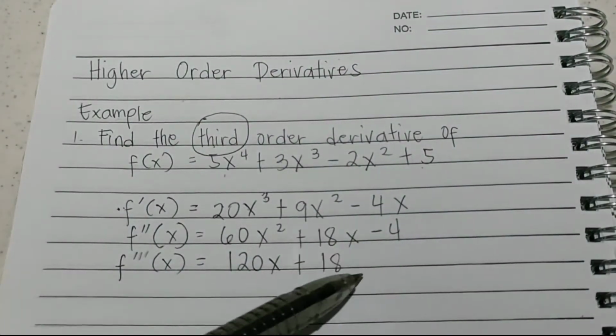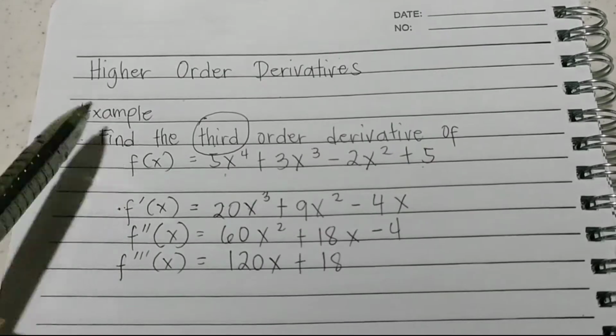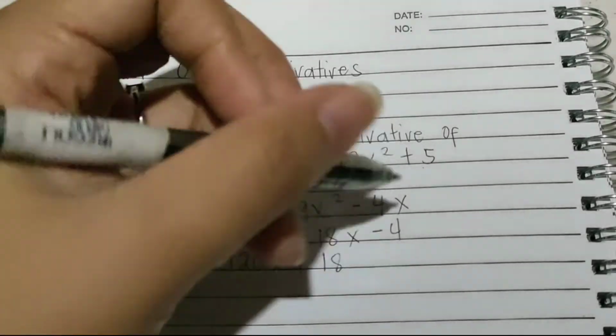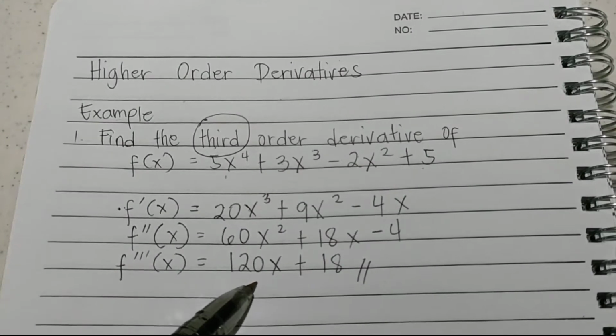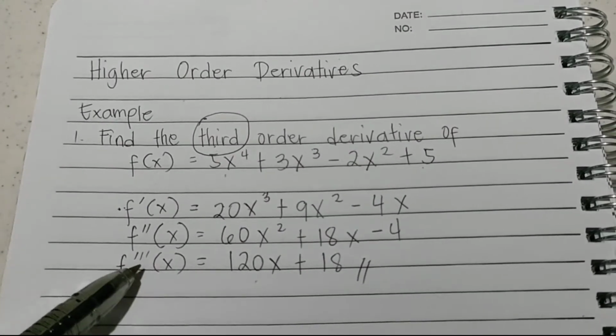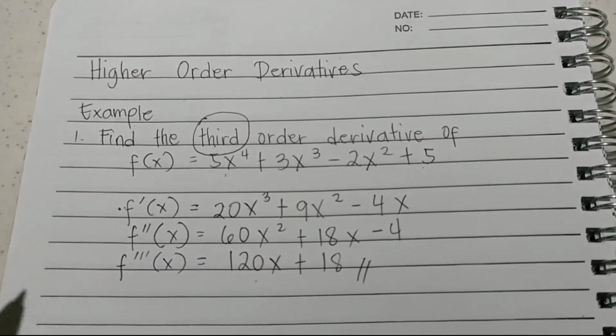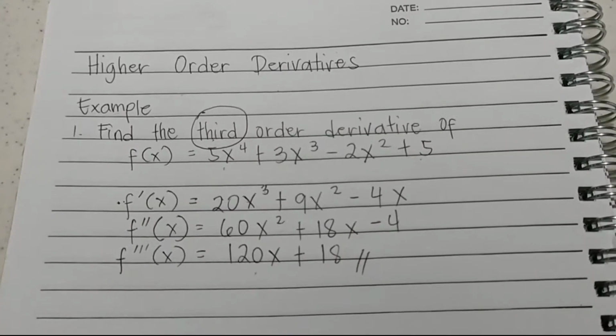Derivative ni 4, 0. So, ito na lang. So, find the third order. So, therefore, ito na yung ating sagot, which is the 120x plus 18. That is the third order derivative. Okay?